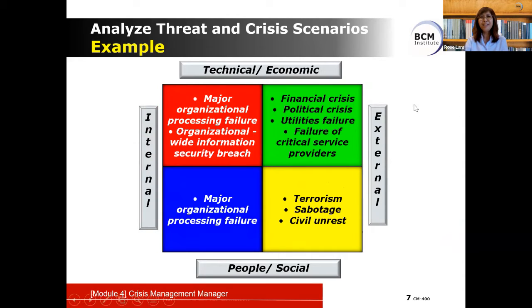Right now, one of the most feared threats and the most likely threat, what do you have in mind that we need to get ready for? Any thoughts? What is that?